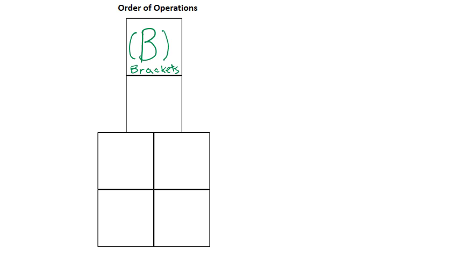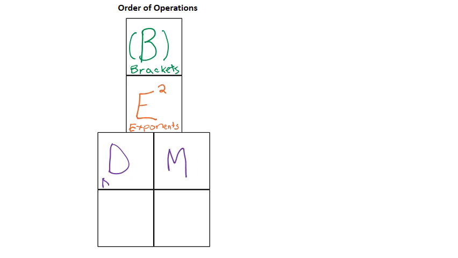The next one is E for exponents. I'll put a little 2 here so you can see exponents. The next two are on the same line, and I did that for a reason. It's division and multiplication. We'll talk about why they're on the same line a little bit later.